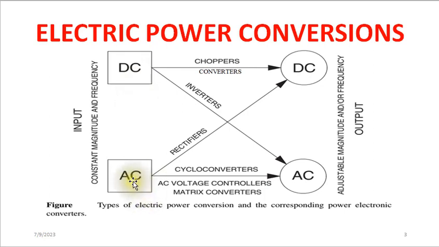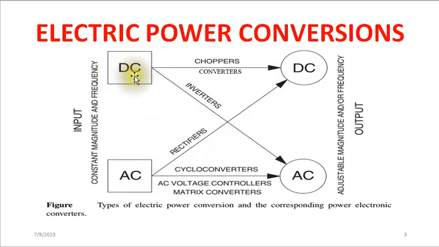So wherever you want to change AC to another AC level, the power electronic circuits we use are called cycloconverters. Sometimes you can call them AC voltage controllers, or matrix converters. If you want to change AC to DC, you use rectifiers.